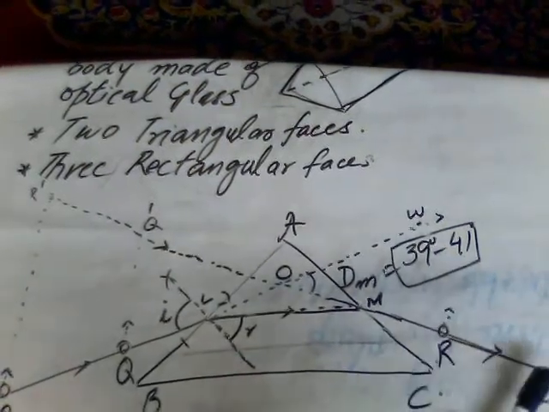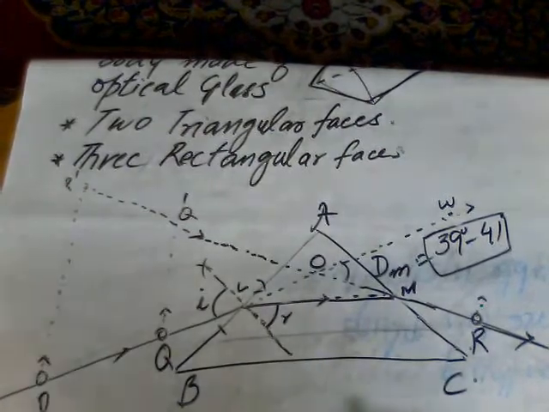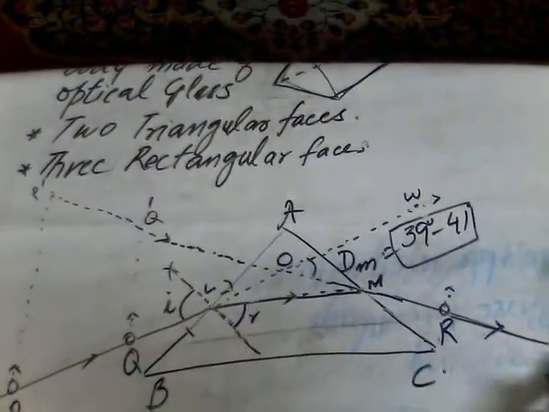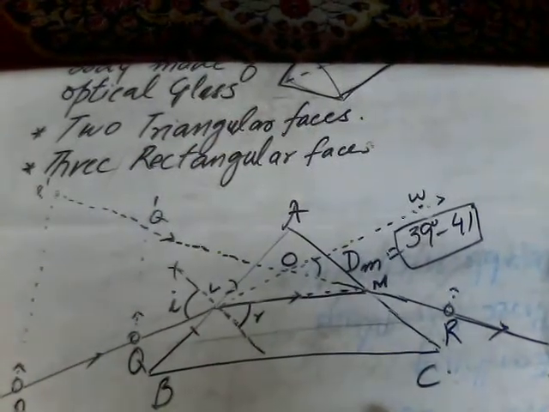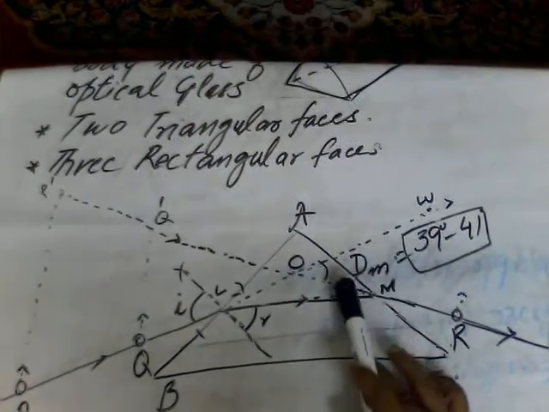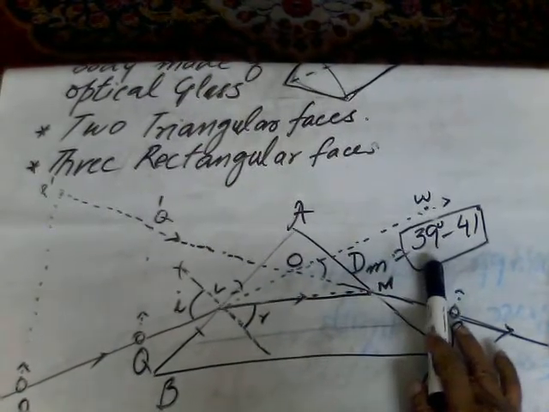So two things we have to do in the practical: first, show the passage of light through the prism, and second, find the angle of minimum deviation.